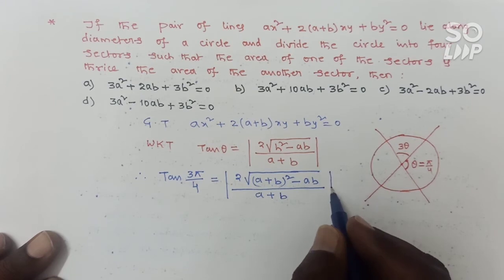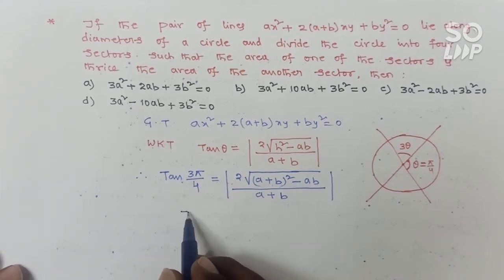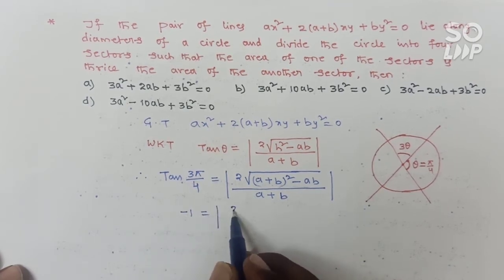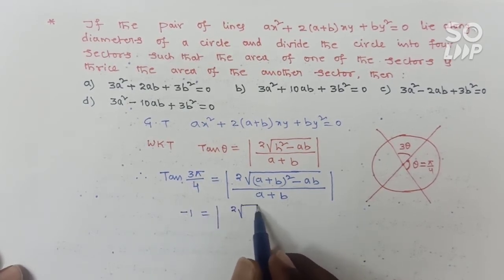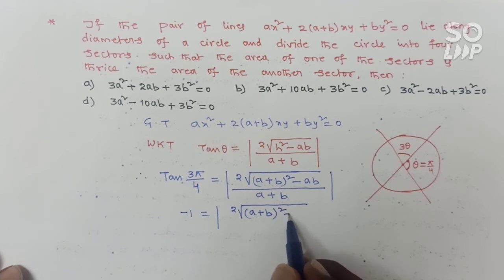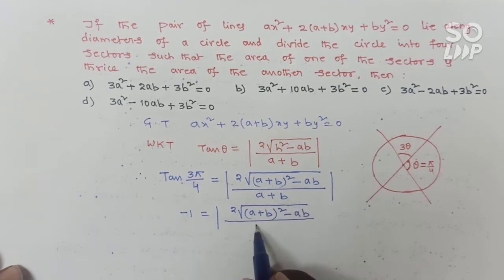That means this value. Now tan of 3 pi by 4 value will be minus 1, is equal to modulus of 2 into root of a plus b whole square minus a into b, whole divided by a plus b.